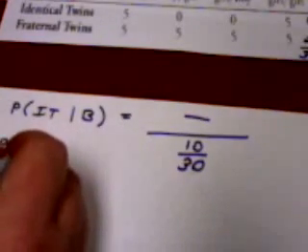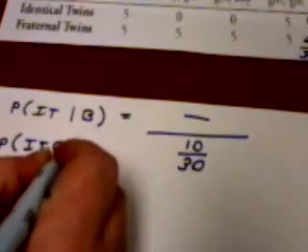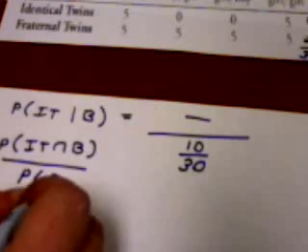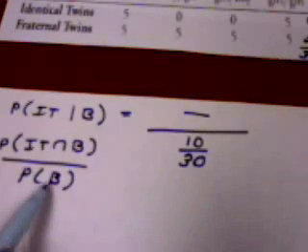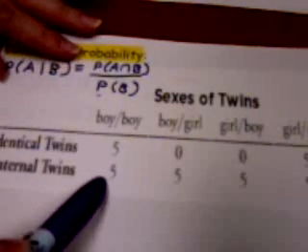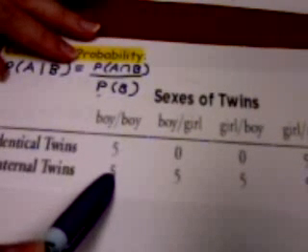Okay. Now I'm going to look at the intersection, because remember the formula is going to be the probability of identical twins intersection two boys divided by the probability of two boys. Okay, I just found out the probability of two boys. So the probability of identical twins and two boys, I'm going to look for where they overlap. Alright, going back to my table, remember these are my two boy categories. Well, I want to know which of these is where I have identical twins.